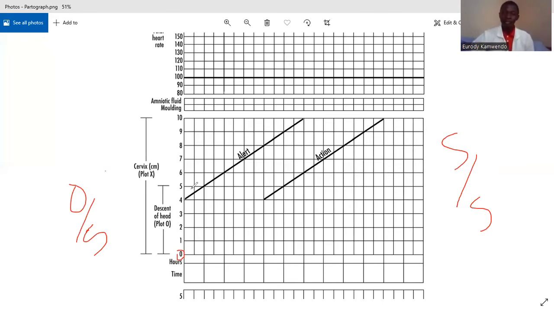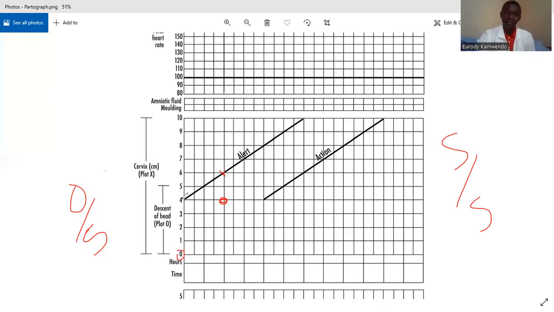So you put the 5 fingers from where the symphysis pubis bone is, where the bulge of the pregnancy is starting from, and then feel how many fingers are able to feel the fetal head. So if the woman is brought in at 6 centimeters, and you find that about 4 fingers are able to feel the fetal head, it means that you put a 0. You need to indicate with a 0 like that, where 4 is and where it is intersecting with the 6, because this is the time we had opened this particular partograph.